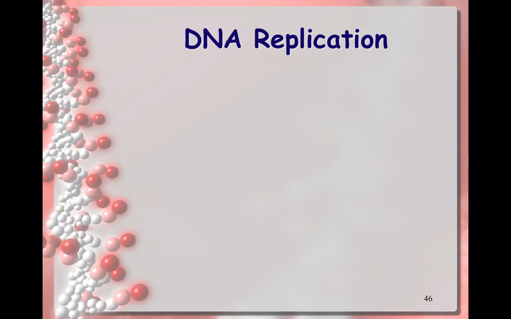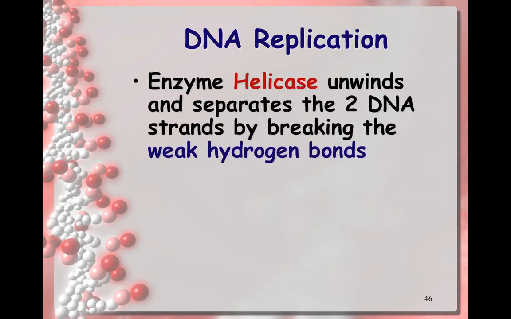Alright, DNA replication continued. So the enzyme helicase, red word there, helicase unwinds and separates the two DNA strands by breaking the weak hydrogen bonds. So helicase, anything that ends in the word ASE is an enzyme. Enzymes are really important for making things happen in your cell. They're proteins, and they are the action makers in your cell.